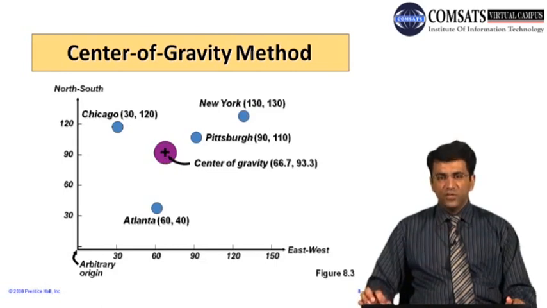So in this way we can use this center of gravity method to decide where the location of your distribution outlet should be, so that your total cost of transportation may be minimized.